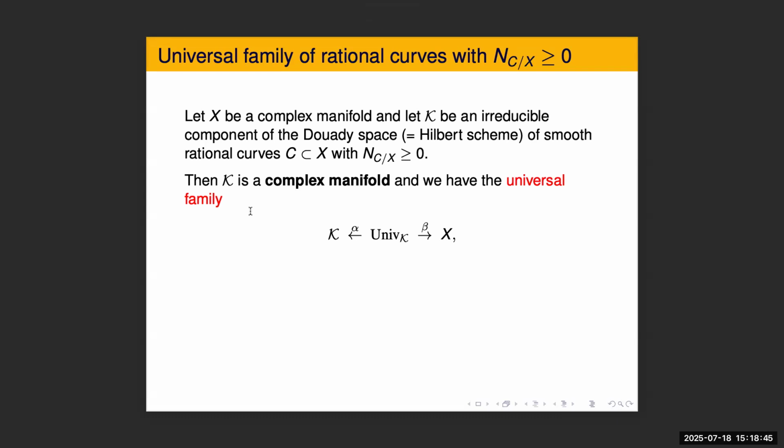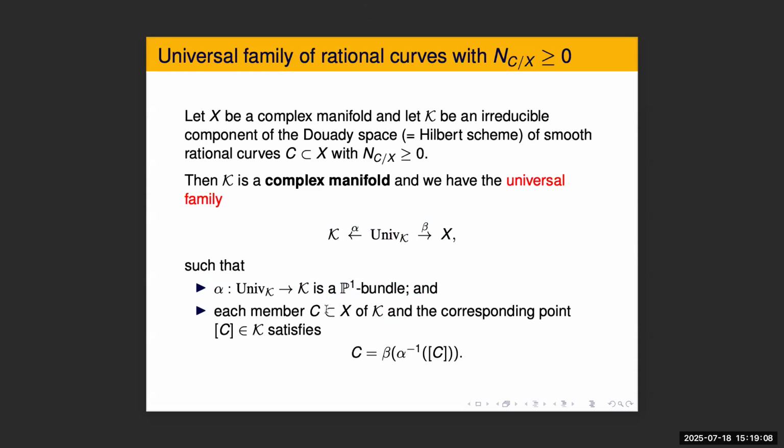And also you have the universal family of the duality space. Universal family means that you have two fibrations, alpha and beta, such that alpha is a P1 bundle, and beta is the evaluation map.